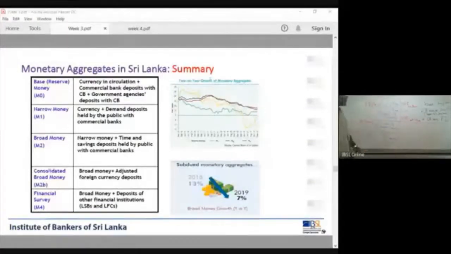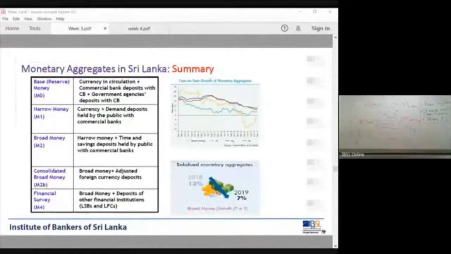Then what are the factors behind M1 and M2? Again, similar to here, NFA of the banking system plus NDA of the banking system. But as I said, in the exam we are not talking about NFA and NDA, but let's try to identify the factors behind them.